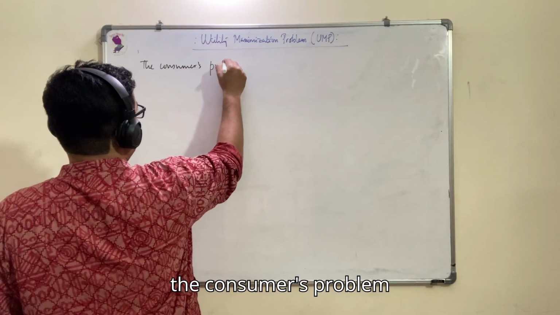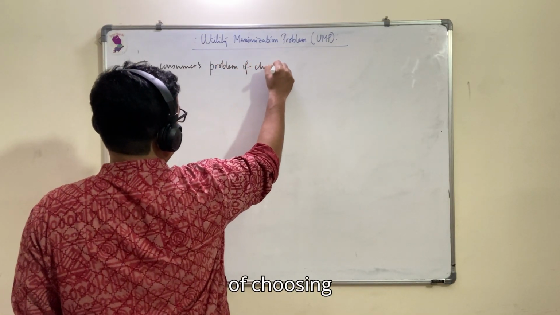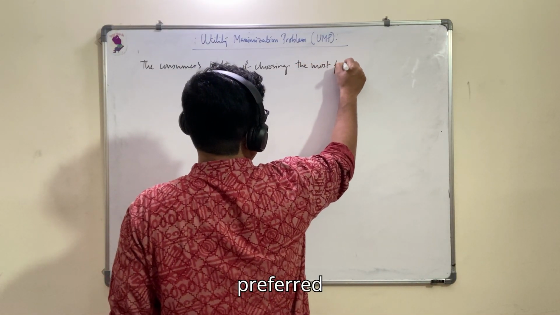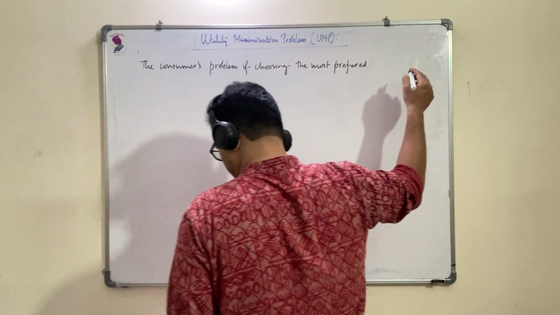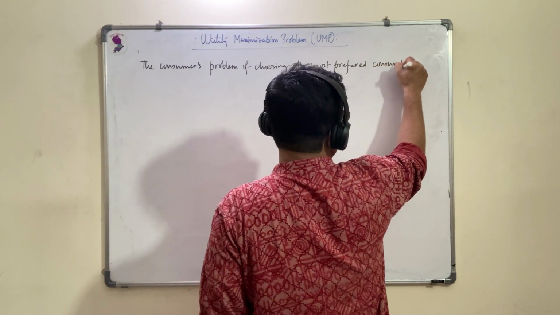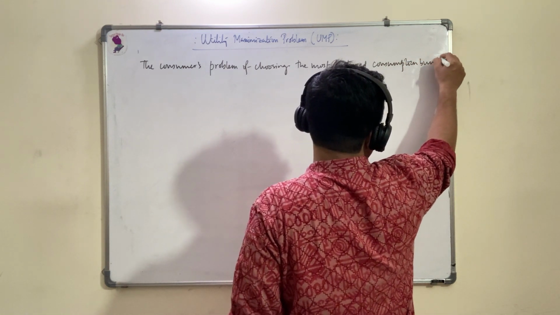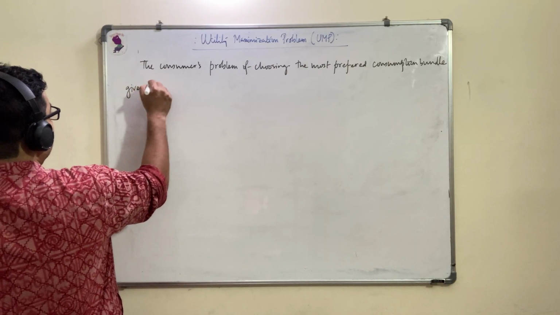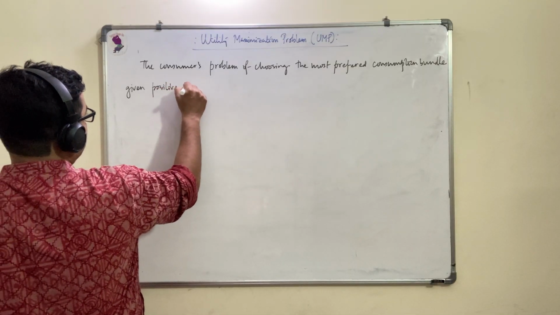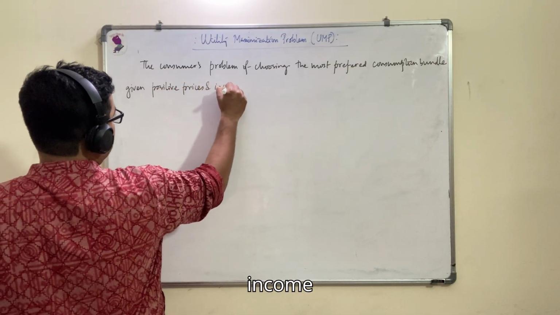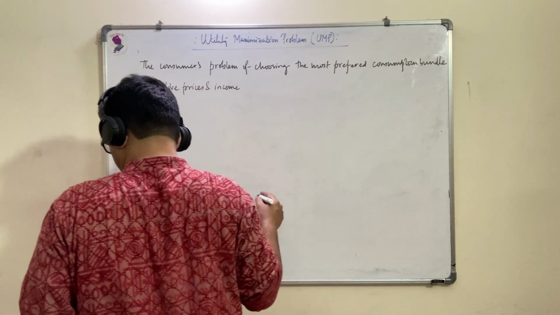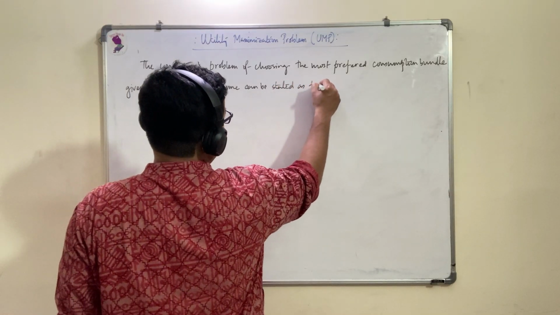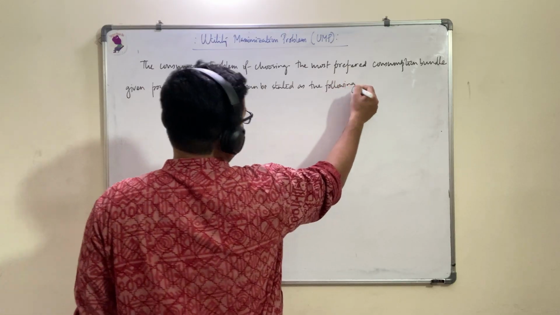The consumer's problem of choosing the most preferred consumption bundle given positive prices and income can be stated as the following UMP.